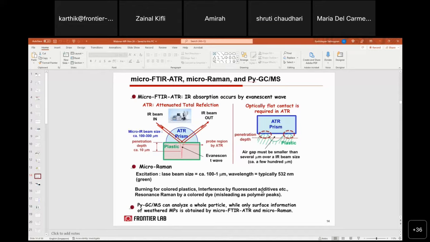Hopefully it is collecting the entire particle, but generally the spectroscopic technique is only meant for surface analysis. So there are some advantages with pyrolysis GCMS over spectroscopic technique, but again, as I said, at this moment we have to see both as complementary.